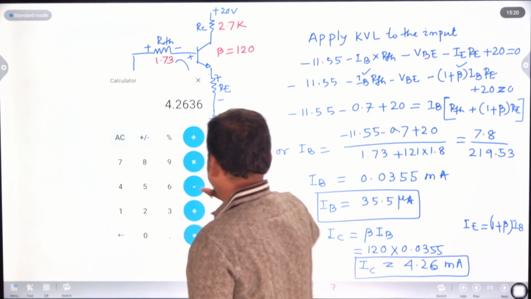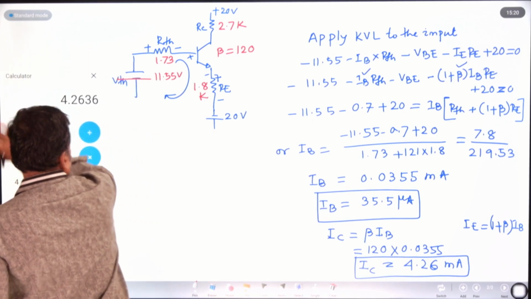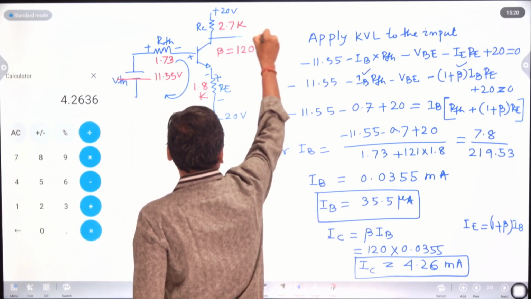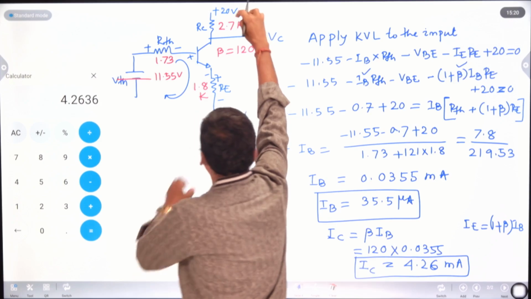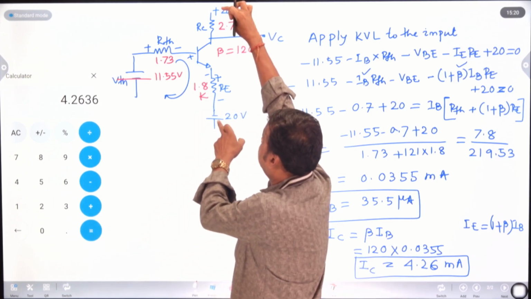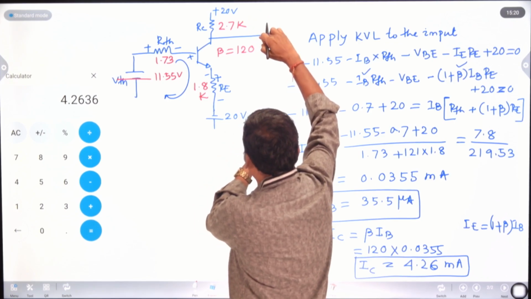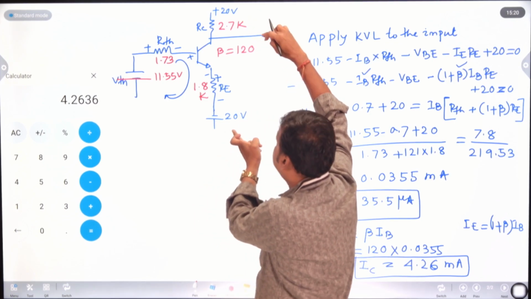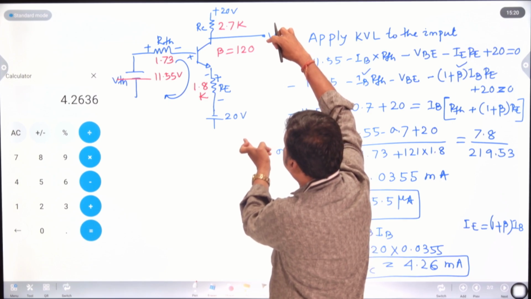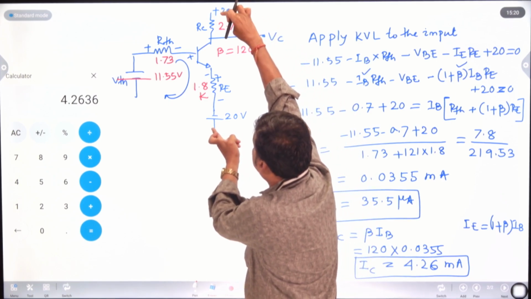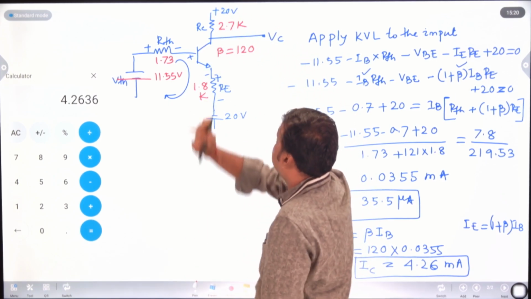Then we are going to calculate the collector emitter voltage. Collector voltage, this is your VC. The total voltage is this plus 20 and this minus 20. VC means from this to this. Otherwise, you can calculate the total, that is 20 minus this drop, 20 minus ICRC.